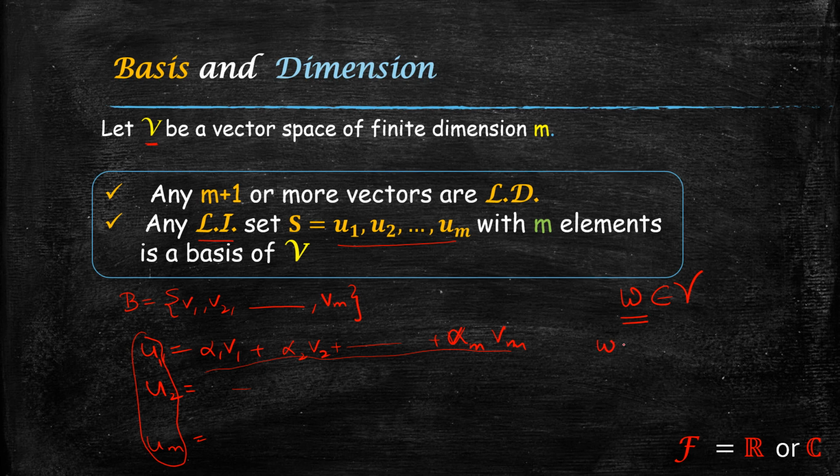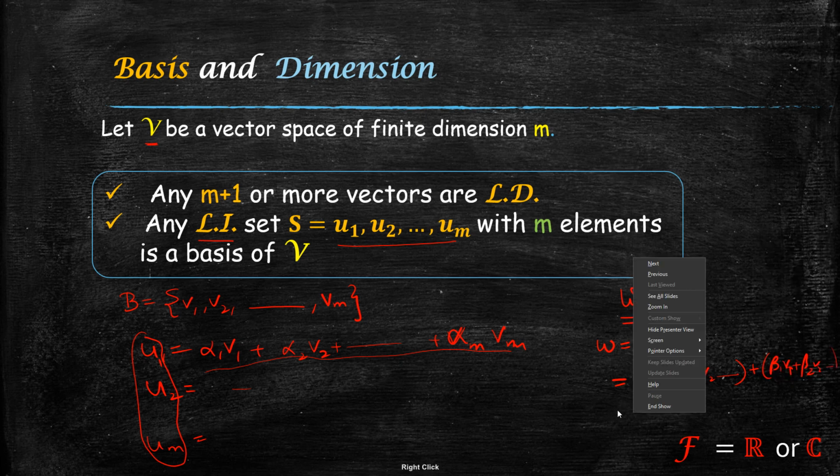Suppose W equals u1 plus u2, then u1 can be written as alpha 1 v1, alpha 2 v2, and so on, and also u2 can be written as beta 1 v1, beta 2 v2, and so on.